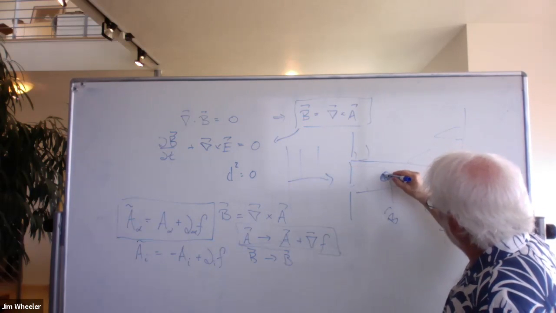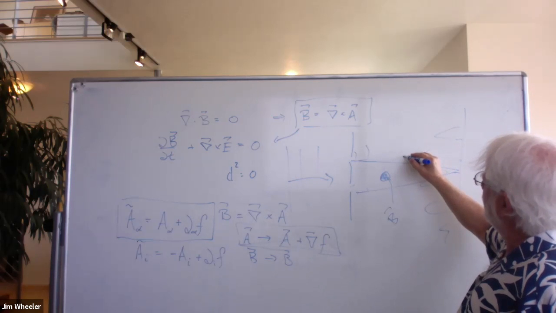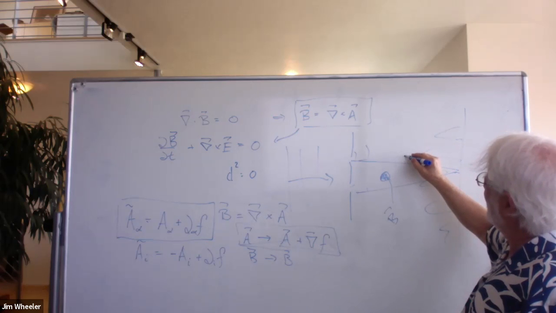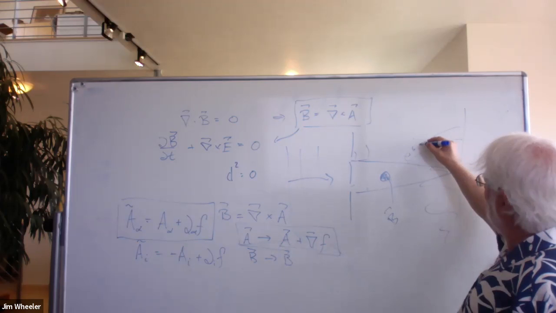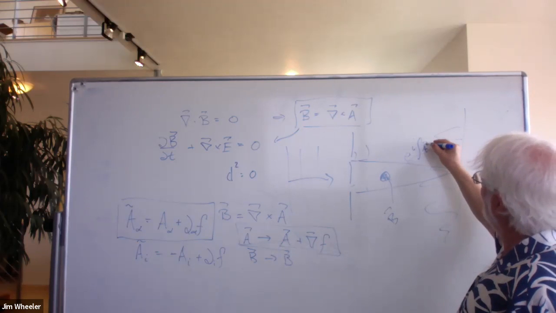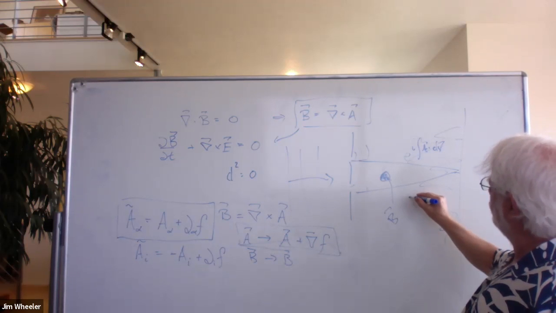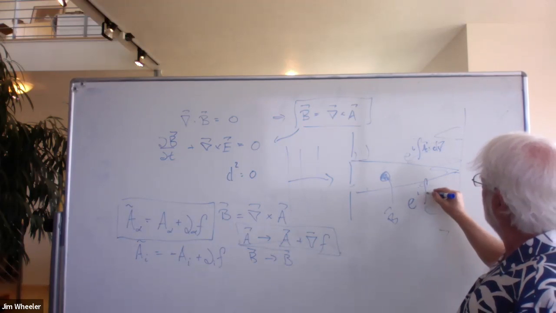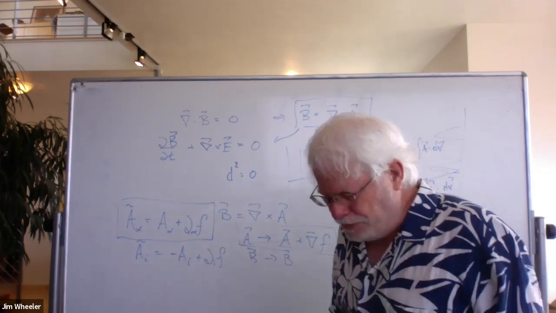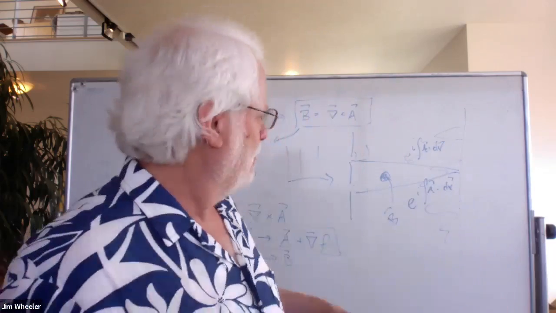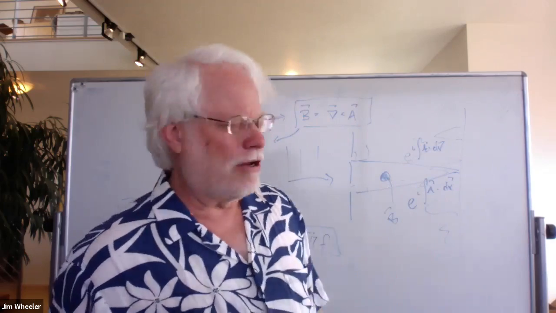The effect on the phase, you get a phase difference here that is affected by basically integrating A along the path, and you get a similar effect here, A along the path. And so that shift in phase seems to depend on the integral of the vector potential along the path.